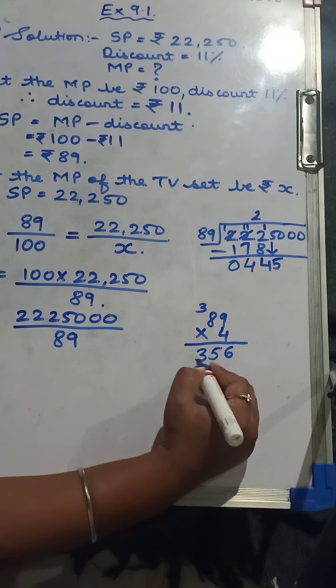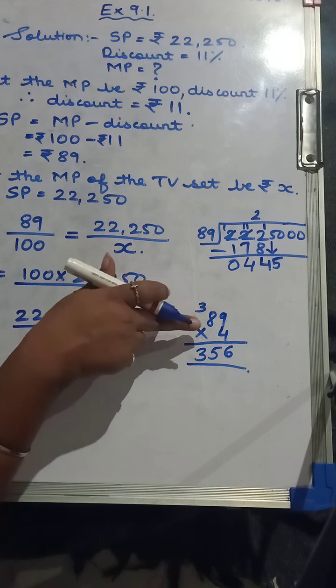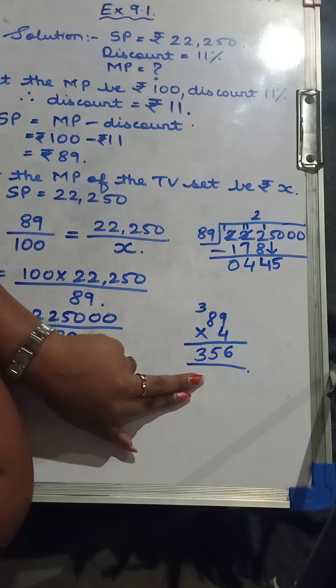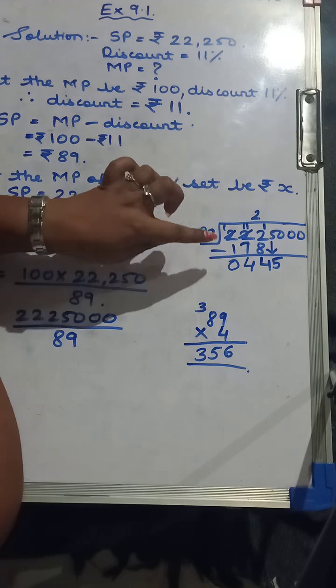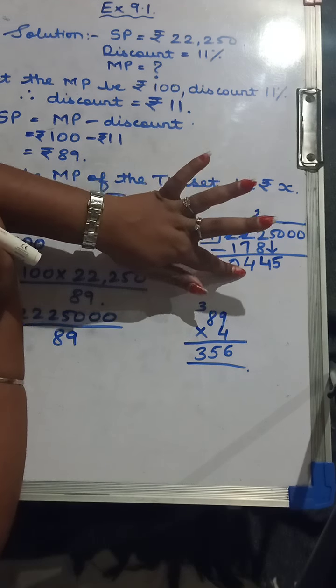So this is the number that you get after multiplying it with 4. That is 356. So 356 is smaller than this number.